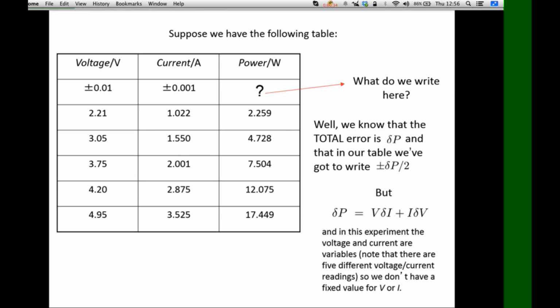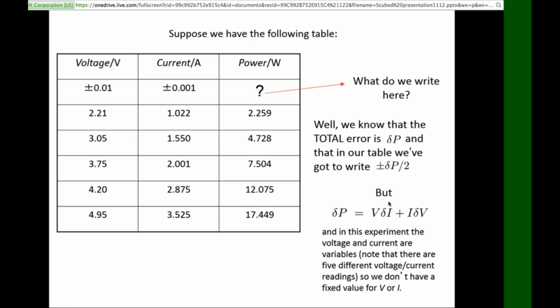Now, from the previous slide, we get that delta P is equal to V delta I plus I delta V. And as you can notice, the voltage and current are variables. In fact, there are 5 voltage values and 5 current values. The voltage and current are changing throughout the experiment, so which value of voltage and which value of current are we going to place here?